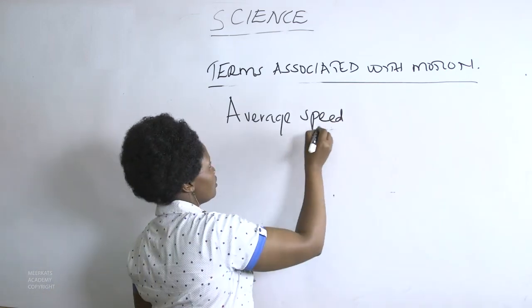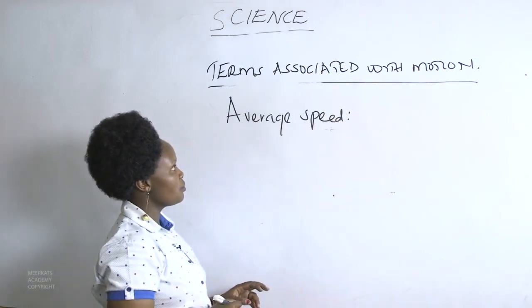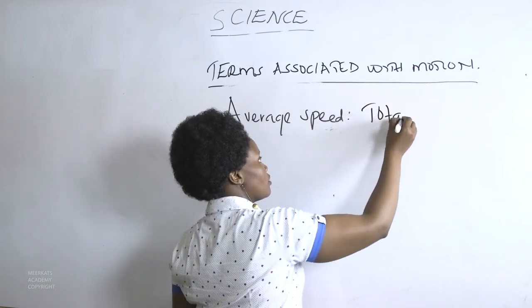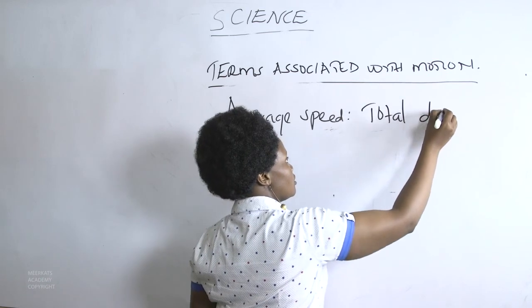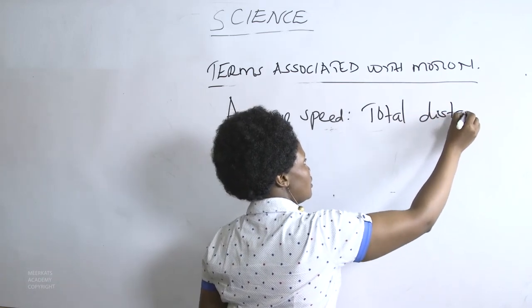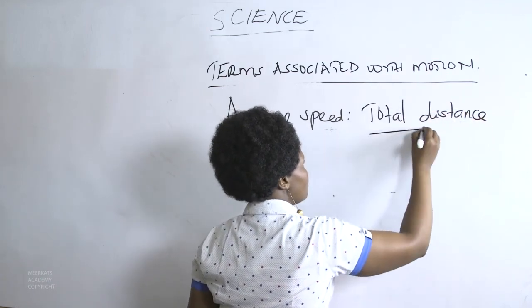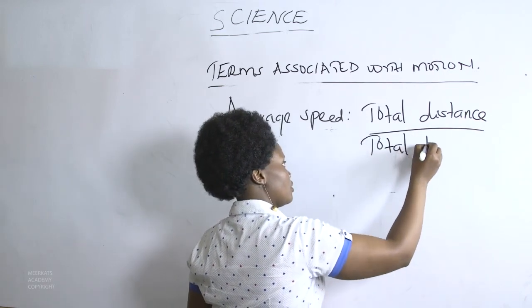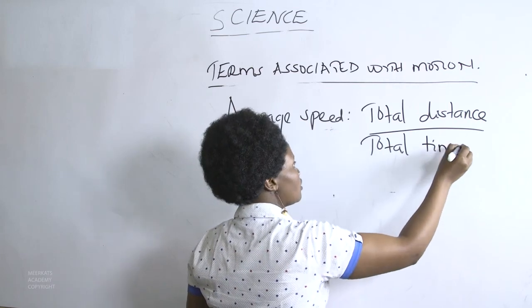Average speed is the total distance covered divided by total time.